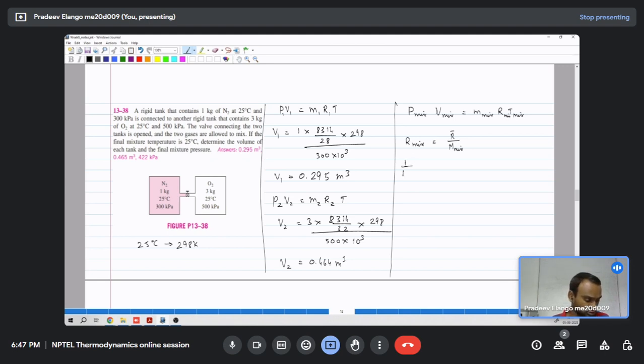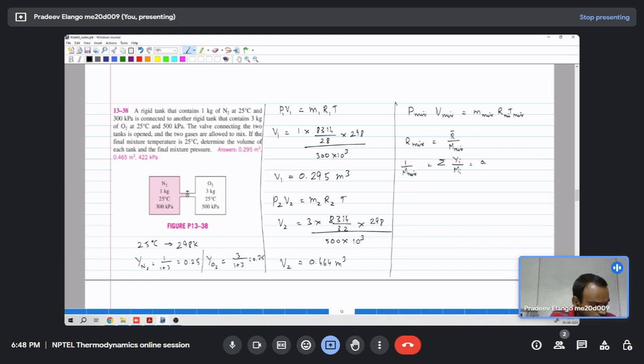1 by molecular weight of the mixture is summation of yi by molecular weight of the individual species. So yi for nitrogen is 1 by 1 plus 3 kg, so that is 0.25, and similarly y for oxygen is 3 by 1 plus 3, that is 0.75.